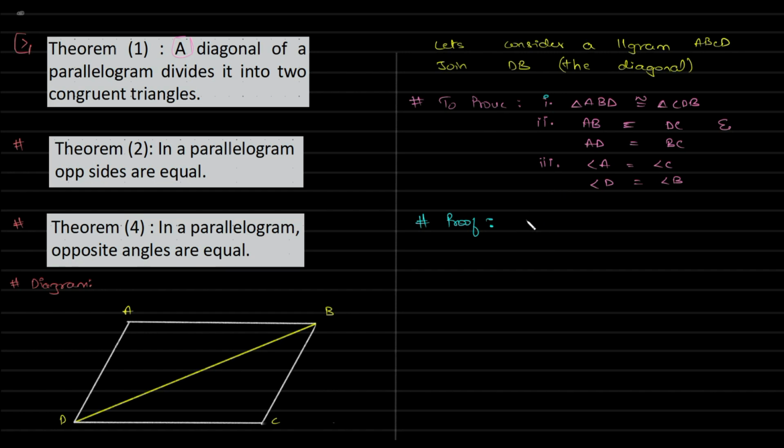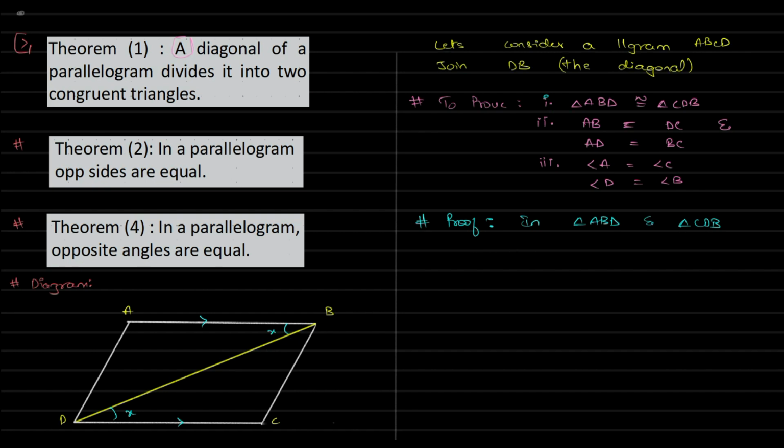Okay, so in triangle ABD and triangle CBD, we have AB being parallel to DC. So what can you conclude about angle ABD and BDC? That they are equal.